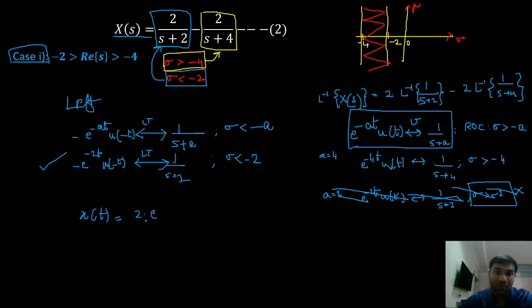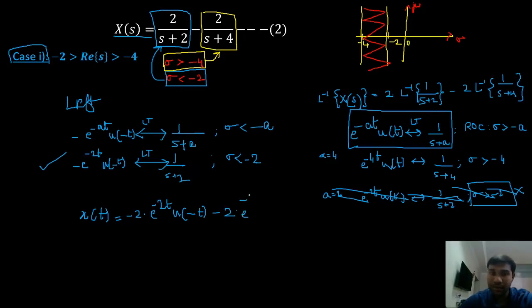E power minus 2t u of minus t, and for the second term I have a negative sign and a constant 2. And for 1 by s plus 4, what is the Laplace inverse?